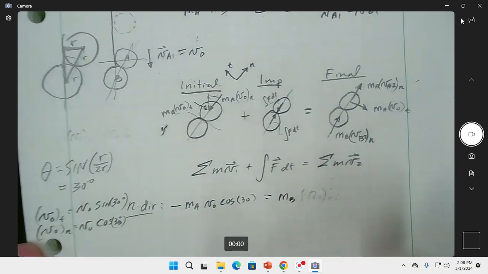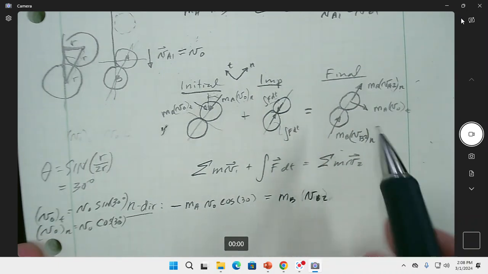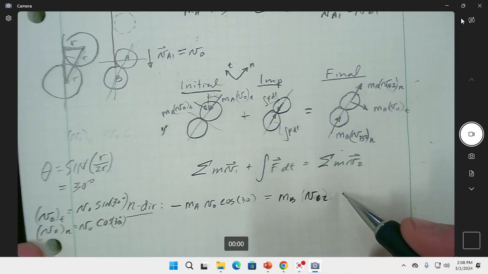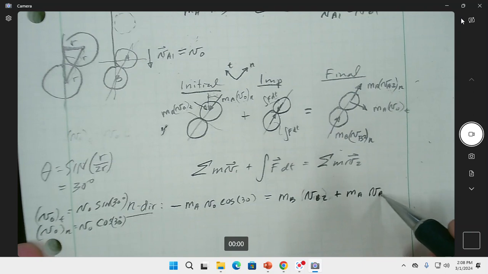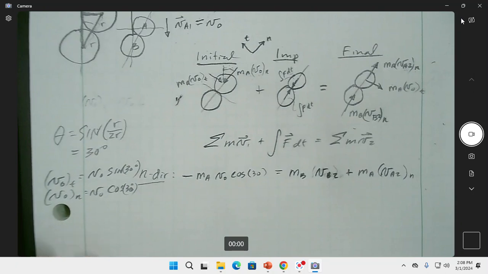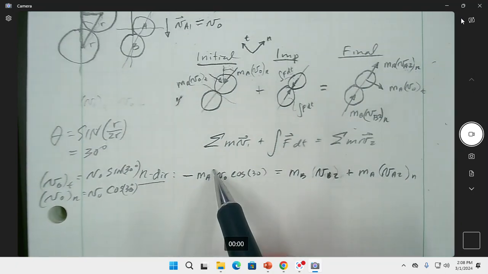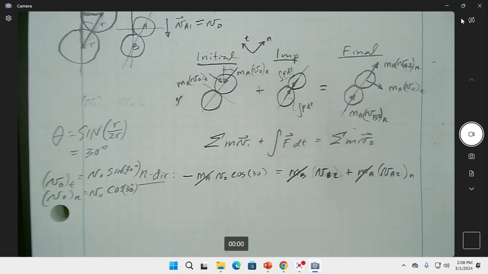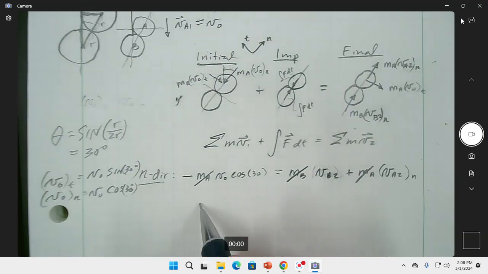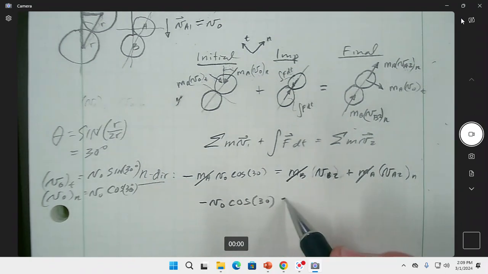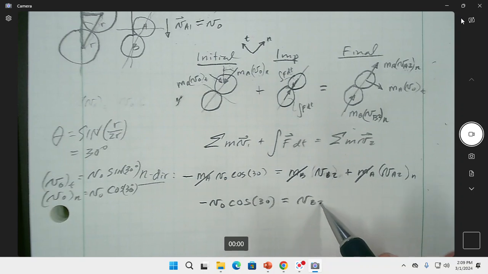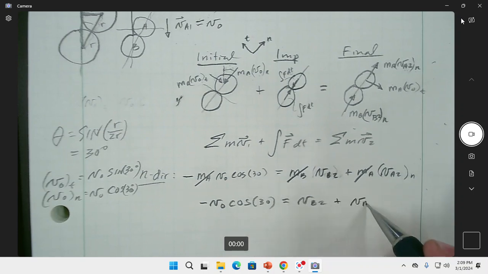V B2 is positive, and then this one's also positive, so plus m A V A2. One thing we know is that all these masses are equal to each other, so we can get rid of them. V0 cosine 30 equals V B2 plus V A2.